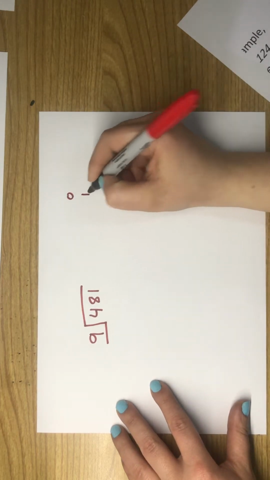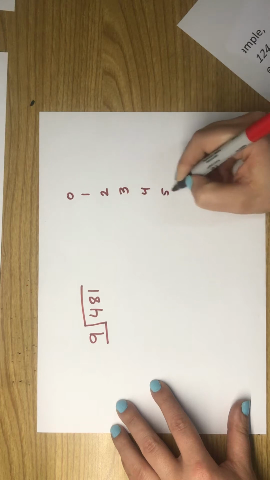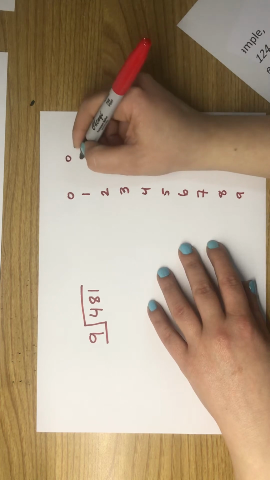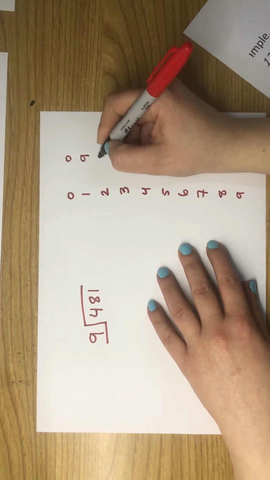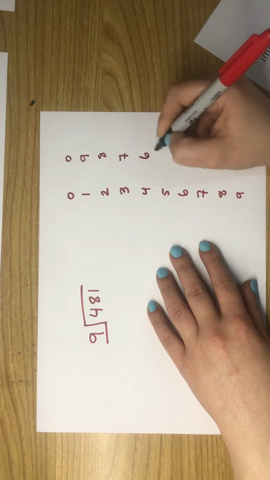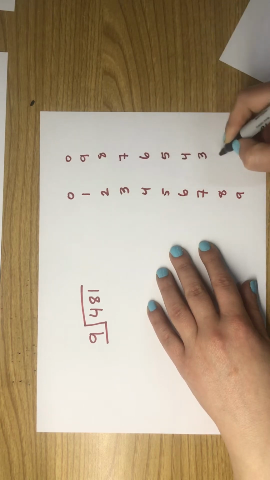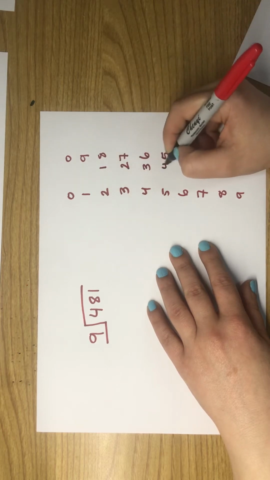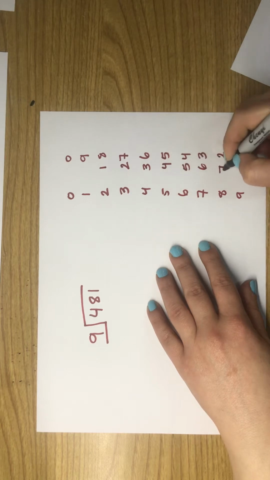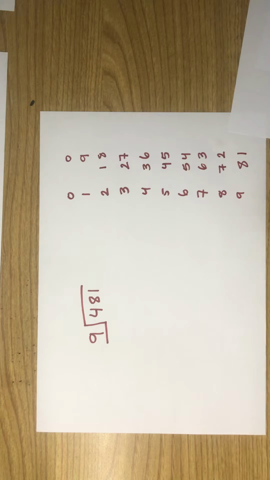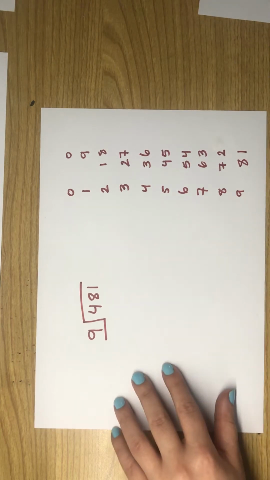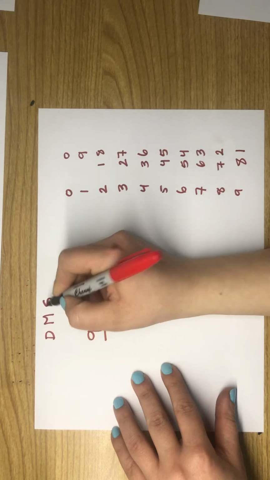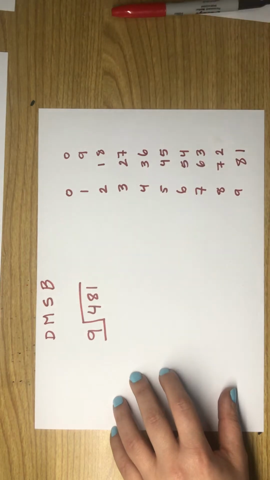Timetable of 9: 0, 9, 18, 27, 36, 45, 54, 63, 72, 81, and here is the timetable of 9. Easy. Steps are divide, multiply, subtract, bring down.